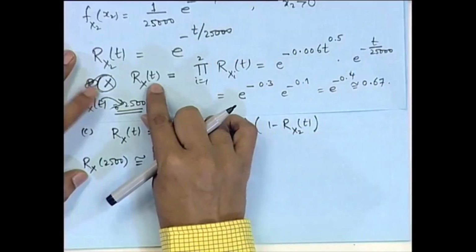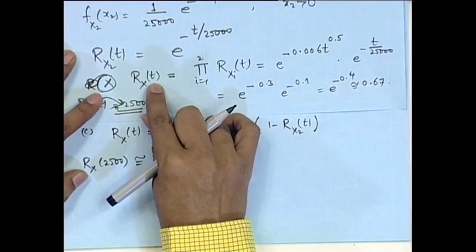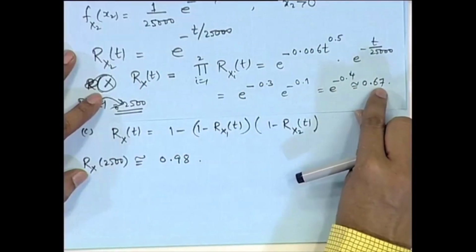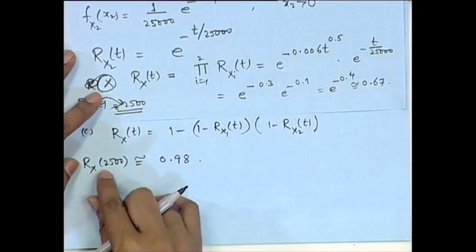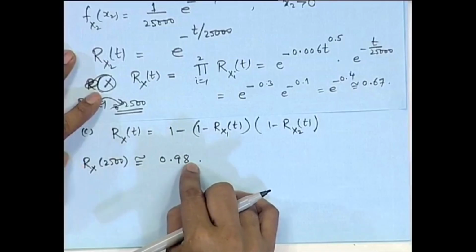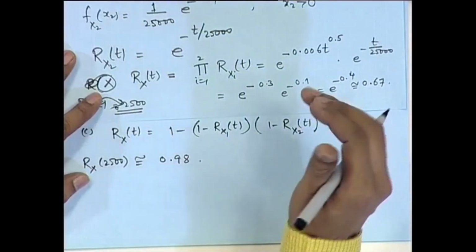If the components are connected in series, the system reliability is only 0.67 at time 2500 hours, whereas if they are connected in parallel, the system reliability is pretty high, that is 0.98. This is the difference, because if we insist that each of the components should work, then the probability becomes smaller.